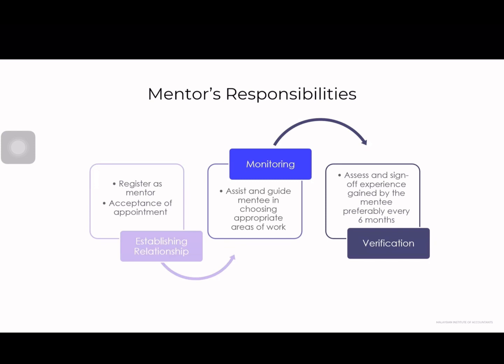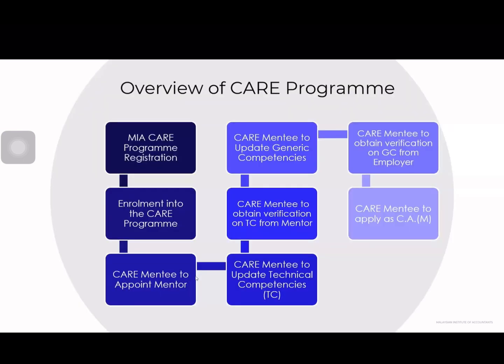But if you say, I'm overseas and after I graduate I don't want to be in Malaysia, I want to work somewhere else, then there is no need, because this is for becoming an MIA member and working in Malaysia. This is your career path, so you register with the MIA. So these are the whole process. I will share the guideline, because now I'm giving you a brief idea.